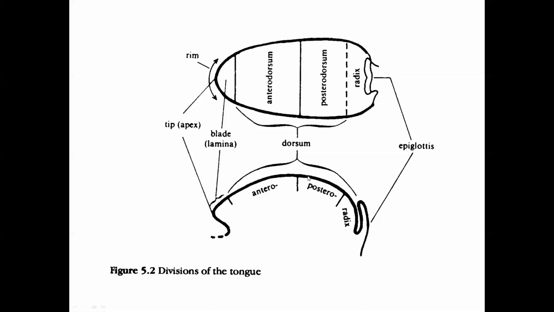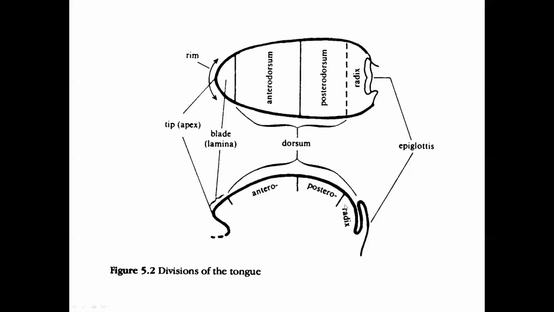We have the dorsum or body of the tongue for dorsal sounds, but we can get more specific there, where we say sounds are either anterior dorsum, or if they're further back, posterior dorsum. And the root of the tongue isn't really involved in sounds, because you can't really manipulate it to touch parts there in the roof of the mouth. But sometimes that will also be called by its Latin, I believe, name, radix. And there's our epiglottis again.